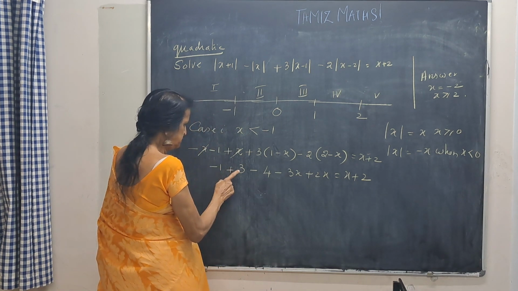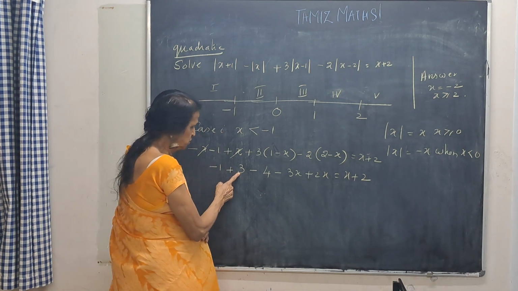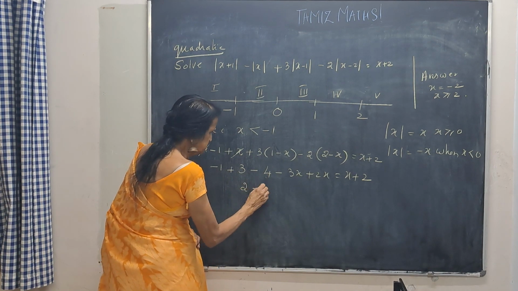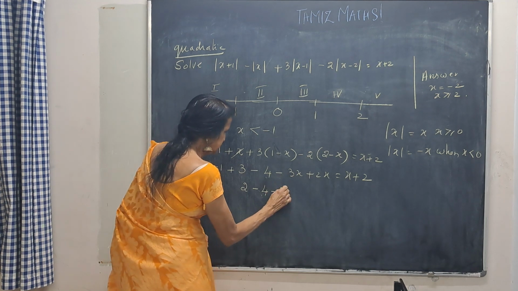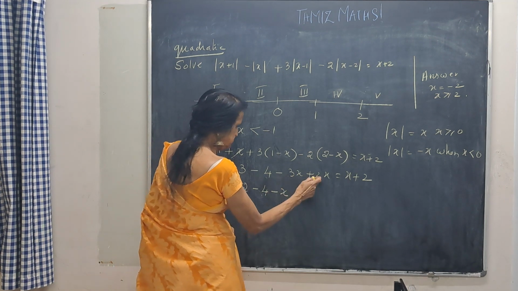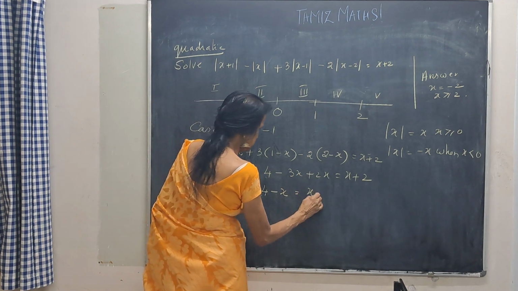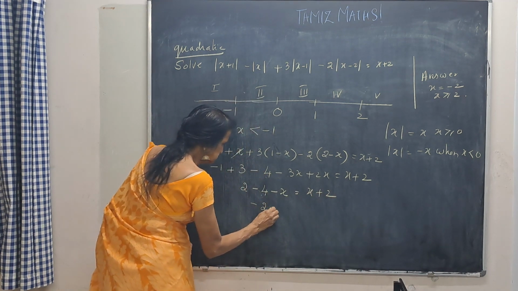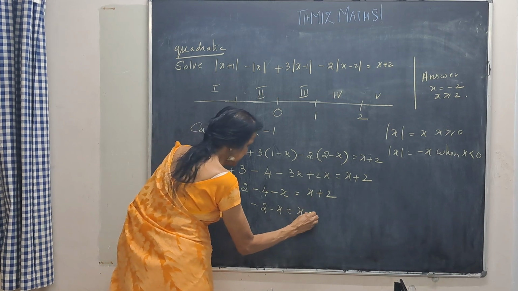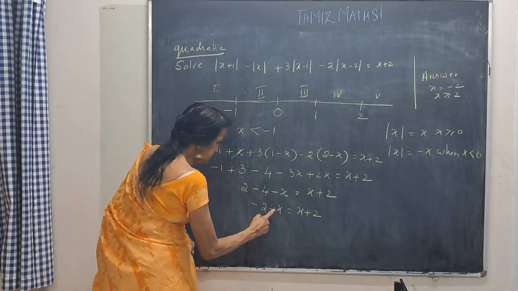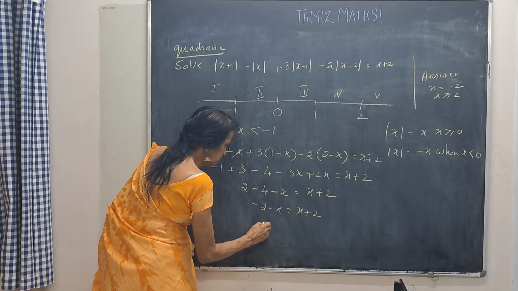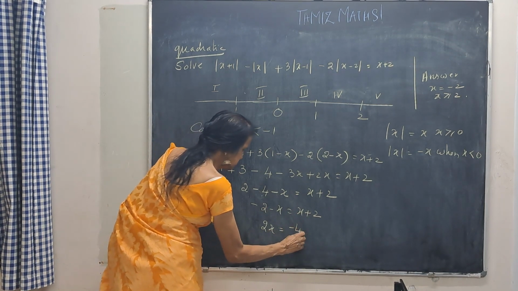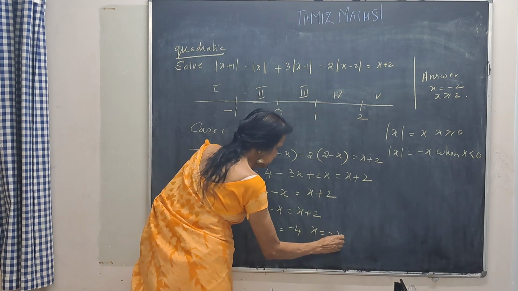Minus 1 plus 3 is 2, 2 minus 4 is minus 2. Minus 3x plus 2x will be minus x. So minus 2 minus x is equal to x plus 2. Take this to that side, it will become 2x, and bring this to this side, that will become minus 4, so x is minus 2.